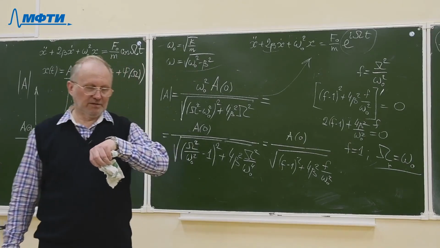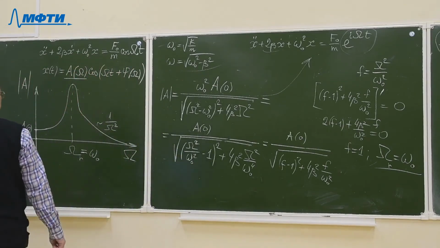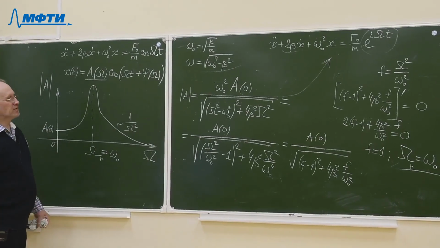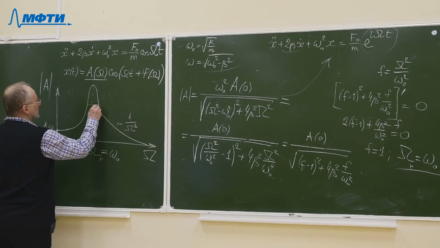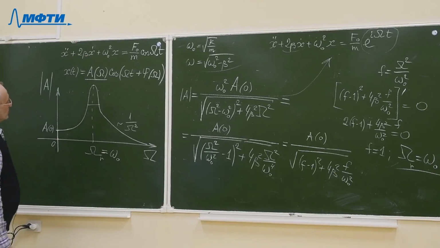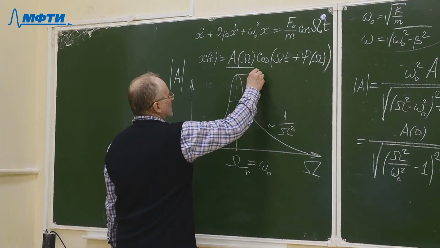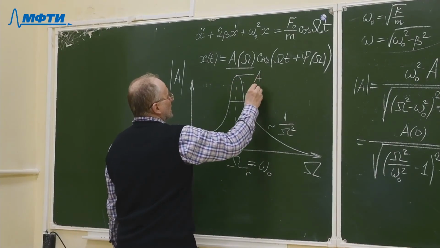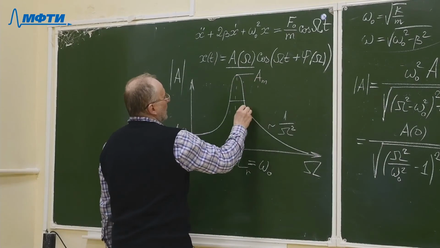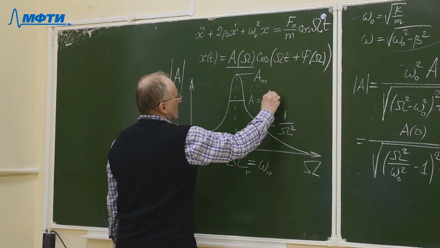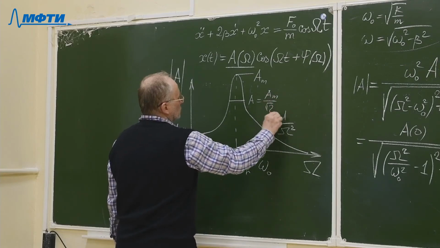Unfortunately, that's the end of our lecture, and I was unable to discuss the half-width of this resonant curve. This is called a resonant curve, and there is a half-width of this resonant curve if you take the maximum amplitude at the resonance and another amplitude, which is the maximum divided by square root of 2.